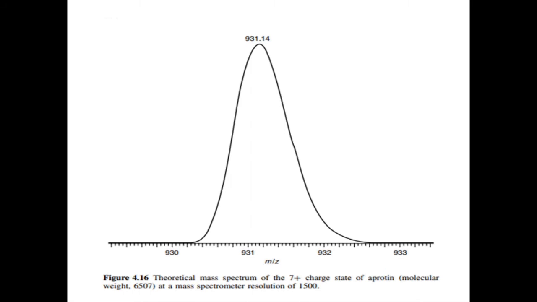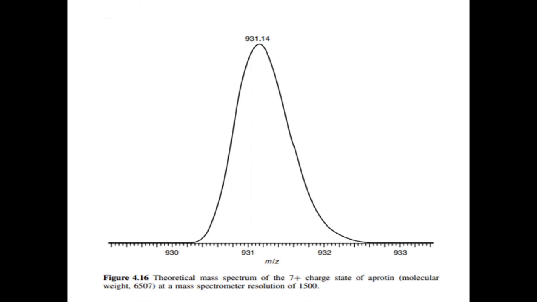Example, carbon: 12.011 Dalton, based on 98.89% carbon 12 isotope and 1.1% carbon 13 isotope.